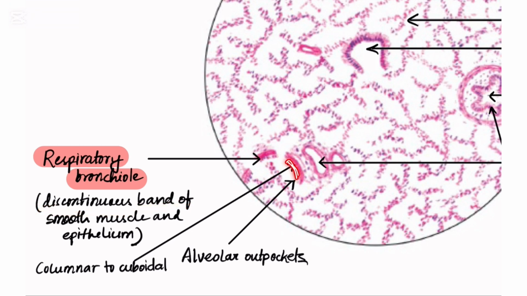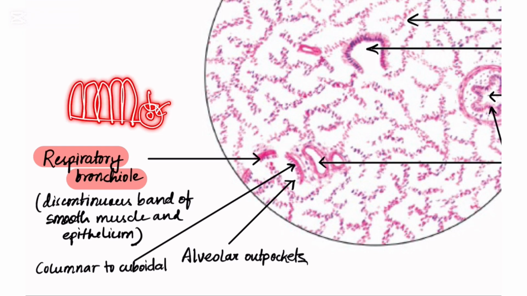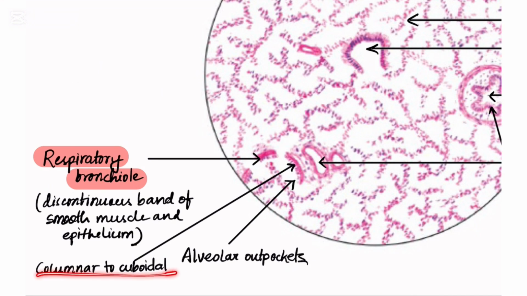The epithelium present now is columnar to cuboidal. Since the lumen is getting narrower and narrower, you can't adjust columnar cells anymore. So it starts getting cuboidal in shape. So it ranges from columnar to cuboidal, again without any cilia. Obviously, you don't have cartilage because you are in bronchiole, and you don't have cilia because you are in bronchiole.